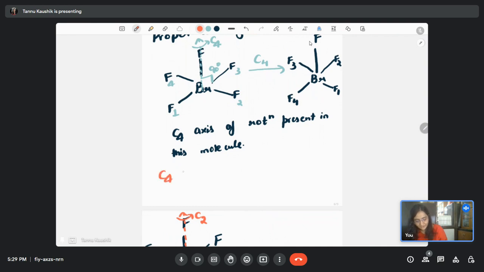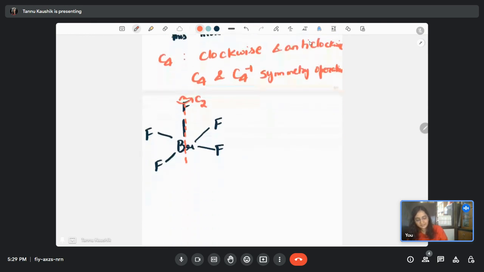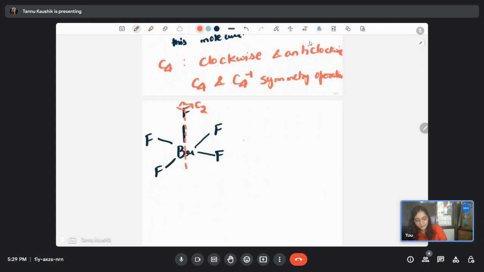And please note, since we have a C4 axis of rotation here, we can perform this operation either clockwise or anti-clockwise. So we will count it as C4 and C4 inverse symmetry operations.